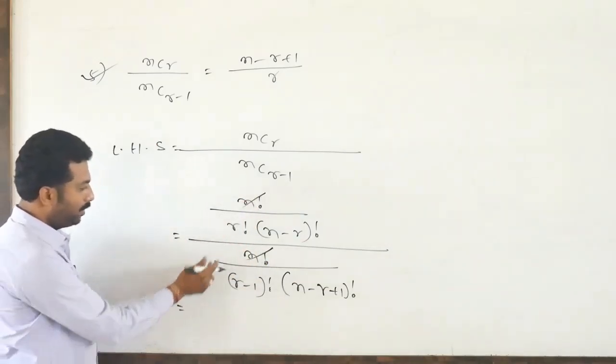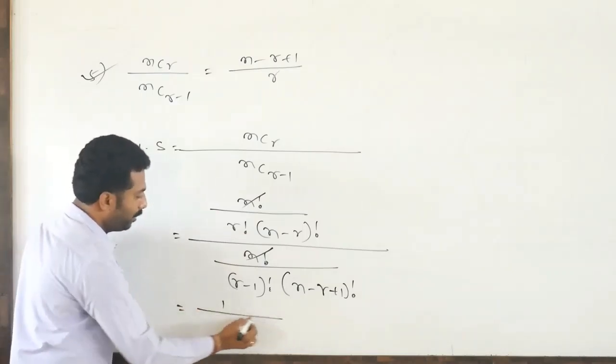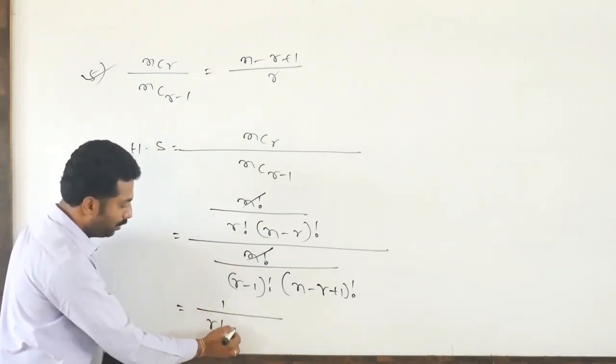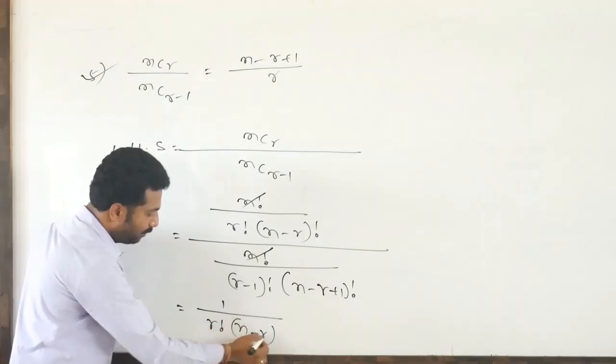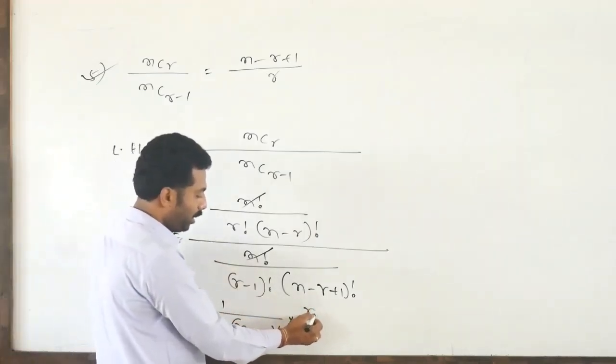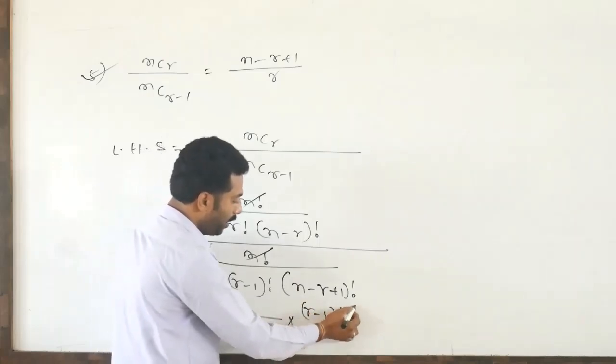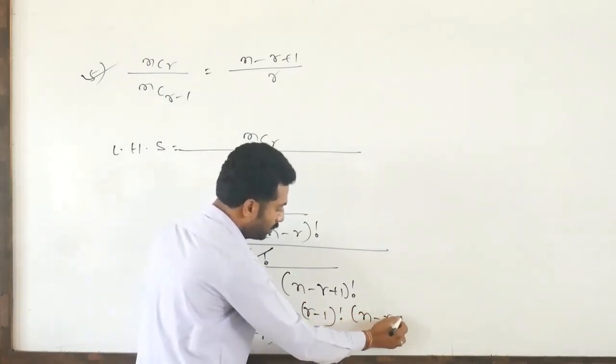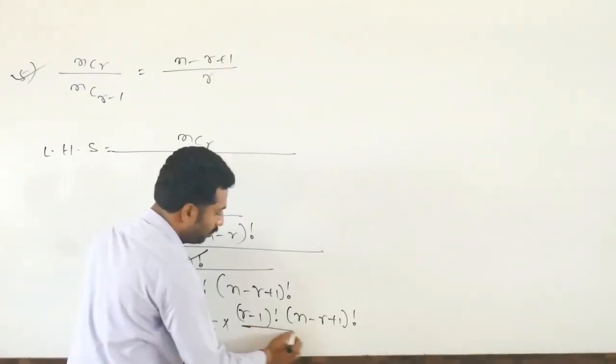So finally this is 1 divided by r factorial into (n minus r) factorial, into this one, which goes to the numerator: (r minus 1) factorial into (n minus r plus 1) factorial.